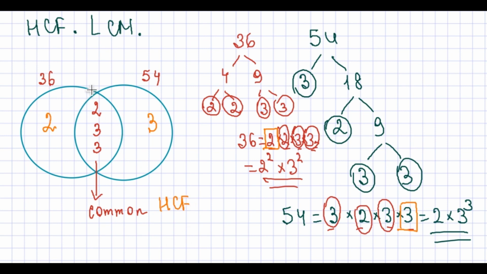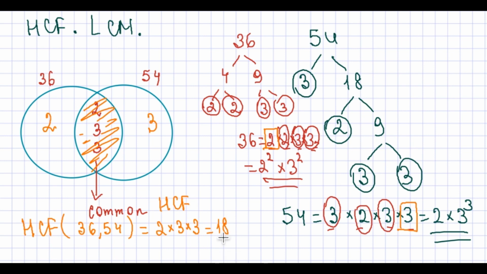The product of this area is HCF. So HCF of 36 and 54 equals 2 times 3 times 3. That makes 18. So the highest common factor of 36 and 54 is 18.